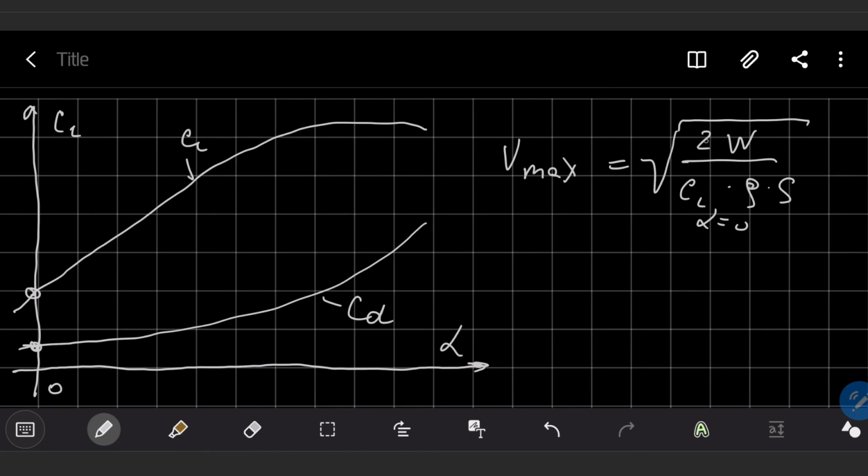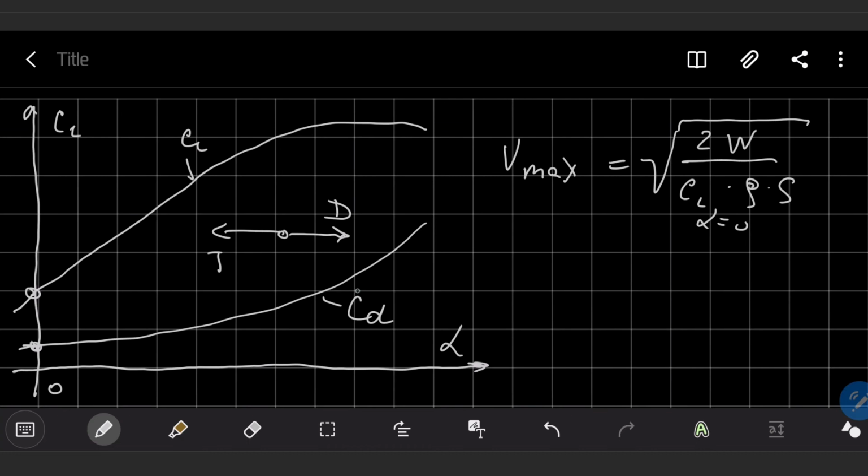This is just from the point of view of the weight of the airplane, but we need to remember that we also install some engine on the airplane which accelerates it, creating thrust. And the thrust force is opposite to the drag force created on our airplane.